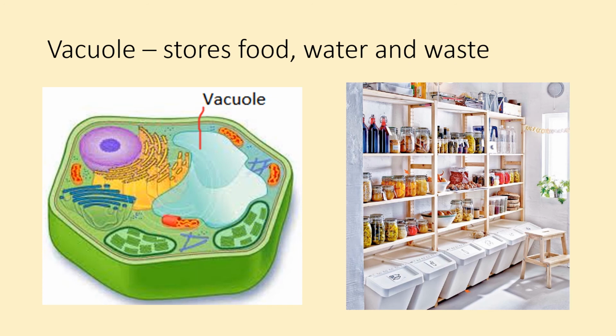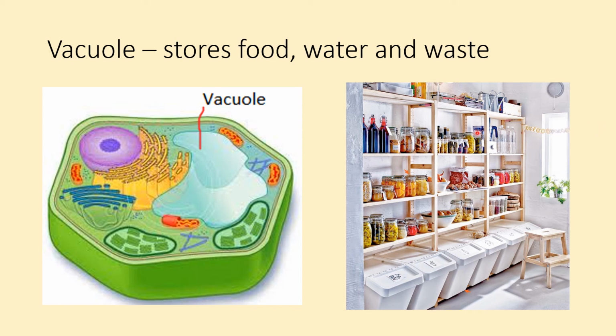The vacuole in plant cells stores food, water and waste. Some animal cells contain a small vacuole, but it's not permanent. So you might hear the vacuole referred to as a large permanent vacuole. And there's also unicellular organisms which have different types of vacuole, and we'll get onto those when we talk about unicellular organisms.